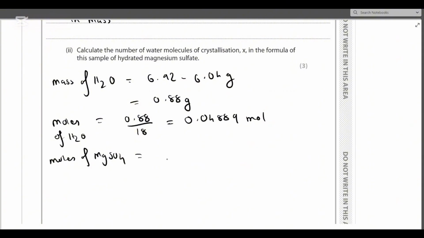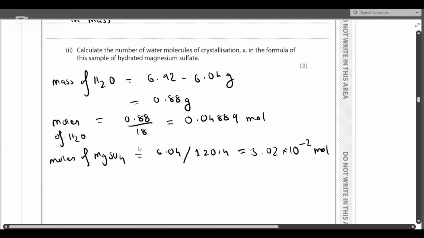So if you calculate the MgSO4, which is about 6.04 divided by 120.4, the molar mass as provided above, we can easily find the answer as about 5.02 times 10 to the power minus 2 moles.